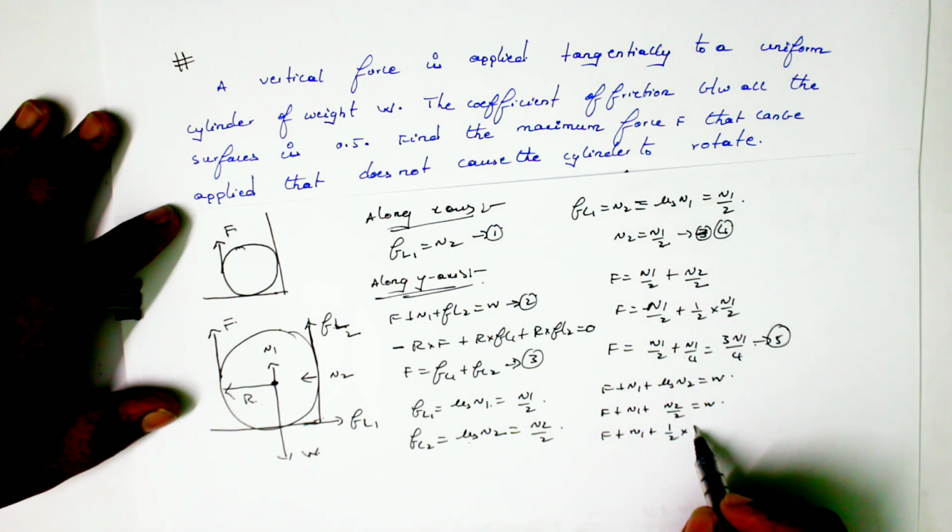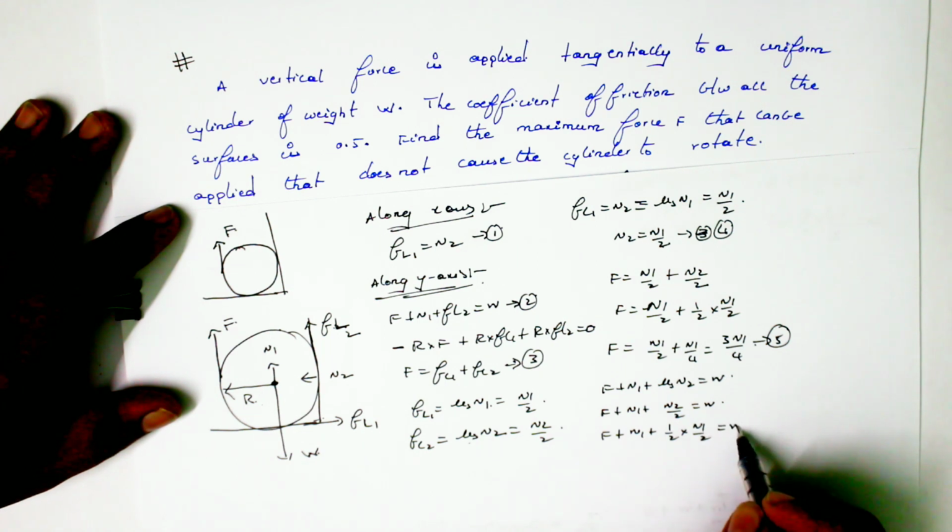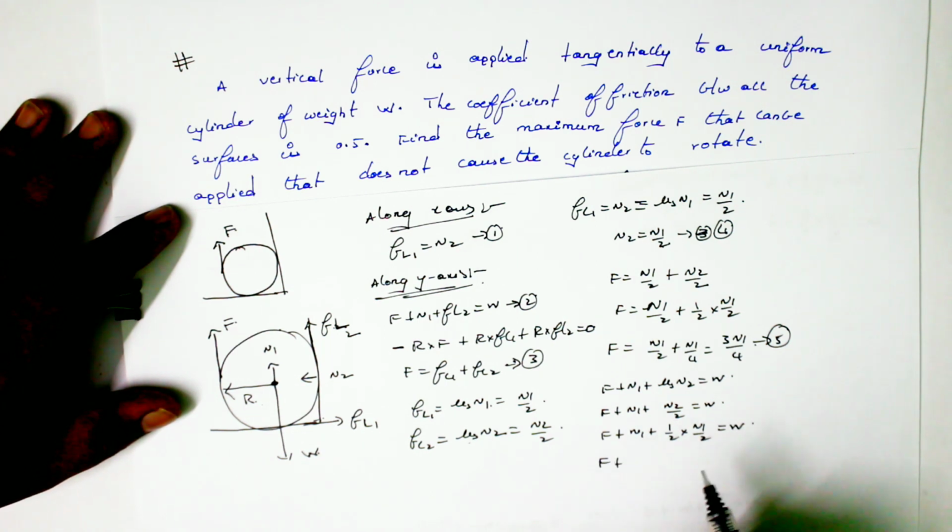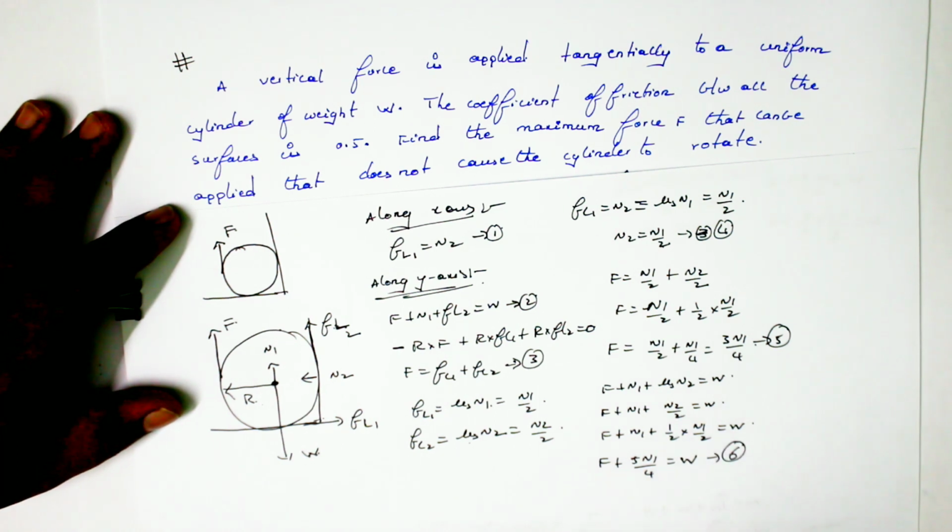So therefore I can write N1 by 2 is equal to W. So F plus, this is N1 by 4, so 5N1 divided by 4 is equal to W. So let it be my equation number 6.